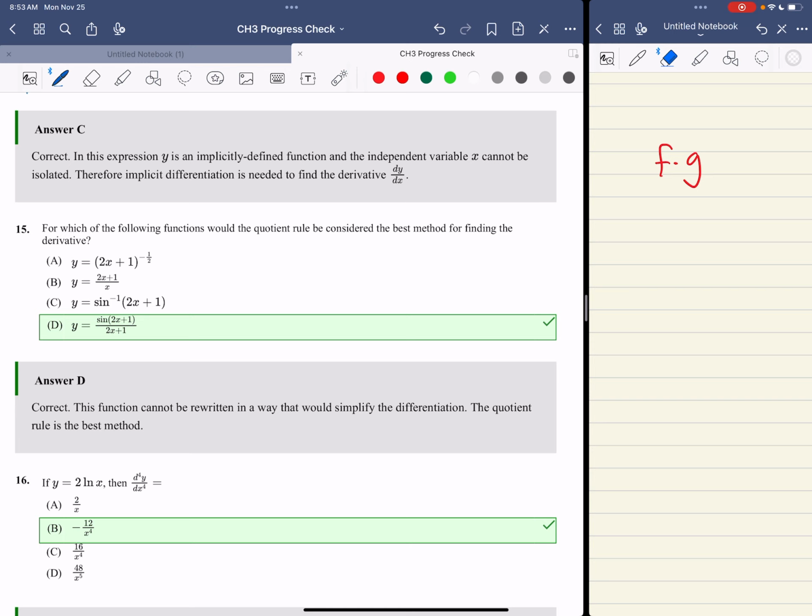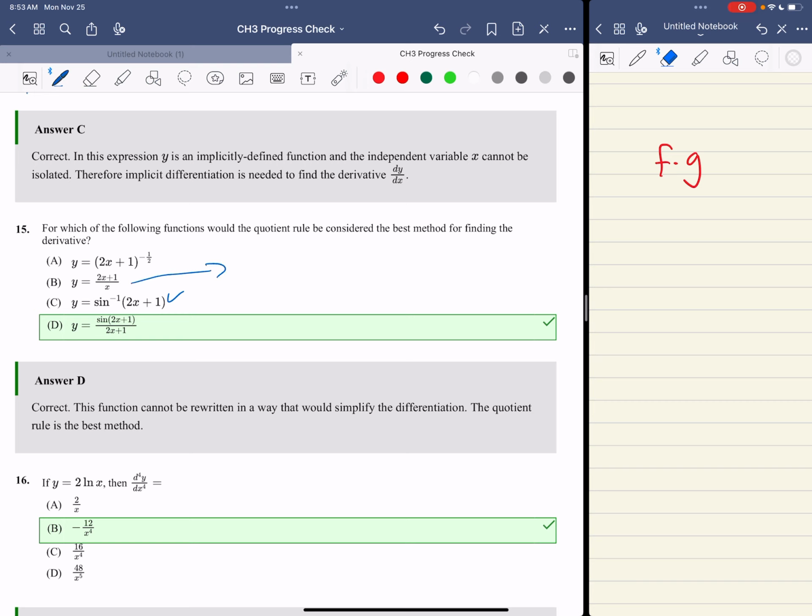Question number 50. Which of the following functions would the quotient rule be considered the best method to find the derivative? Yeah, I mean, this one we have a formula, that's arcsine, so we have this one, 1 minus x squared.